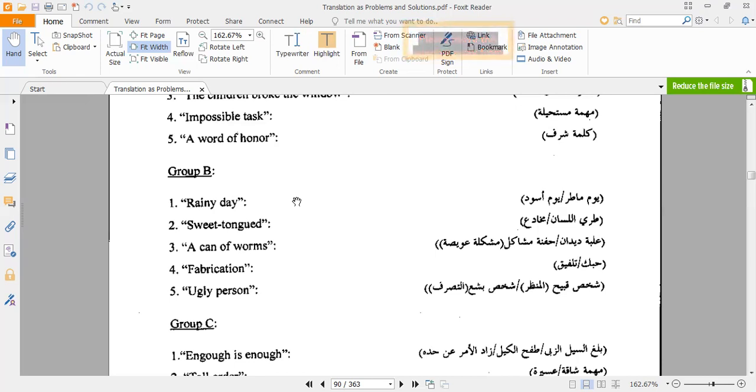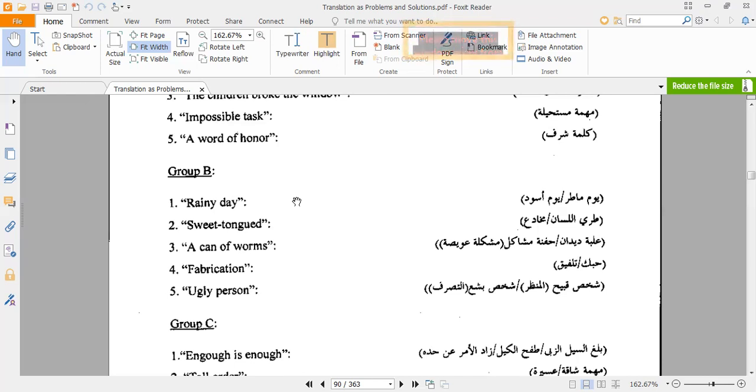In free translation, we translators usually give the intended meaning either by paraphrasing or writing a suitable equivalent term, or other strategies. So some expressions, like group B, have two levels of meaning. The first one is metaphorical and the second one is non-metaphorical.